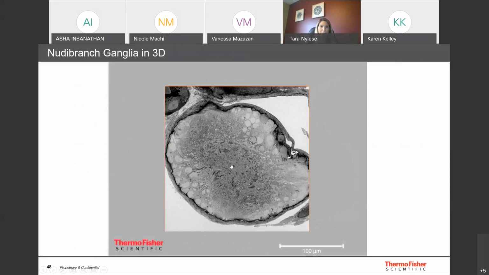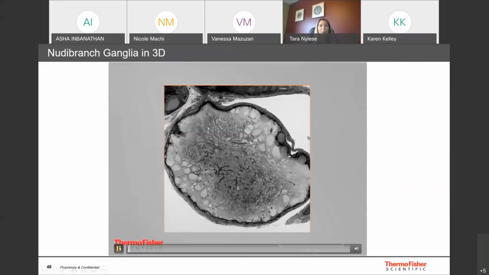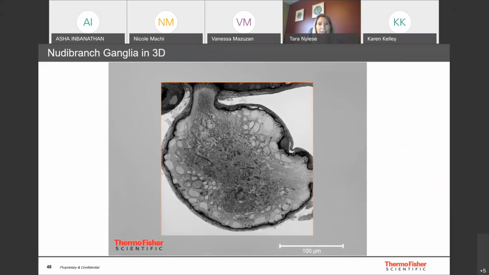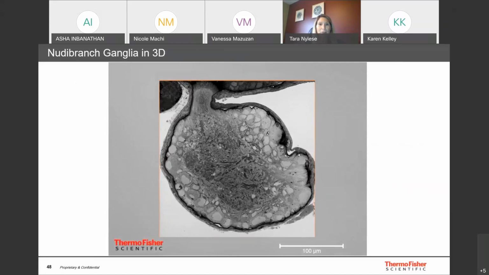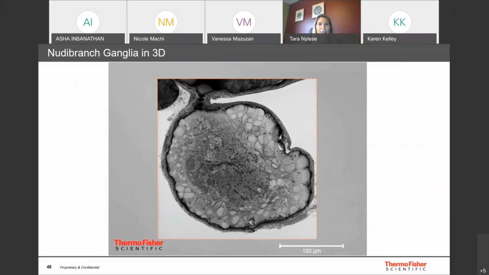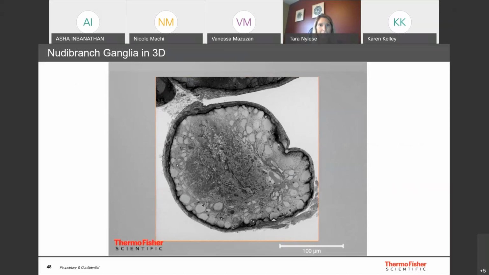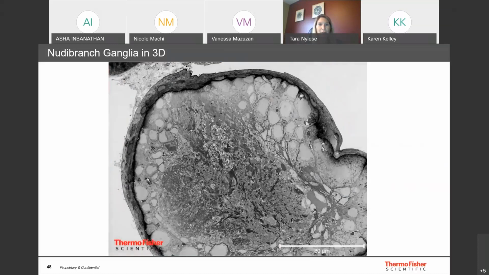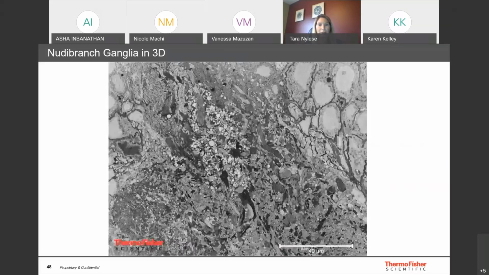And now we could look at the 3D movie, where at first we could see how the pedal ganglia attaches and detaches on the top there. So the ganglia is just attached by that stalk. And then we could zoom in for a higher resolution view.